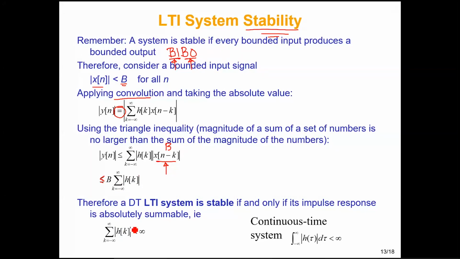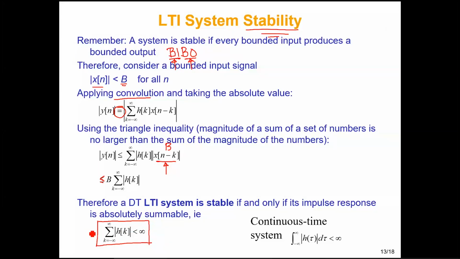So if this summation is some finite value, or less than infinity, then this product will also be less than infinity, and that means your output also will be less than infinity. So it all boils down to this particular condition, that this summation should be less than infinity. And what is this summation? It is basically the summation of your impulse response for all values of k.